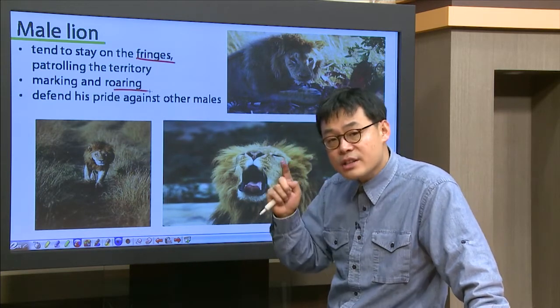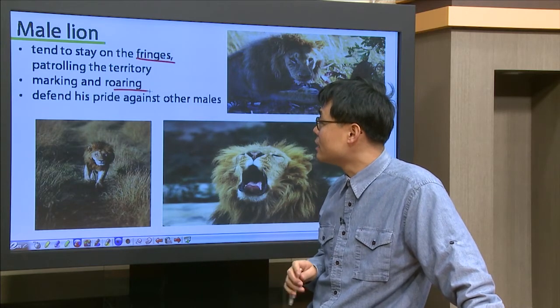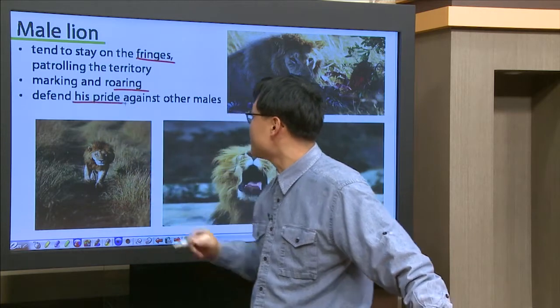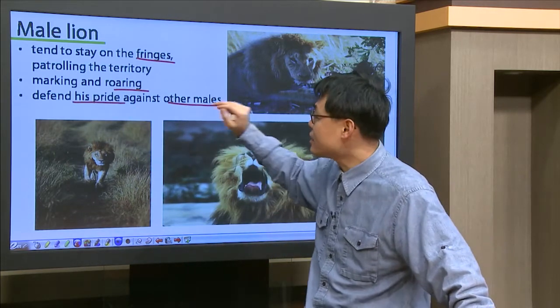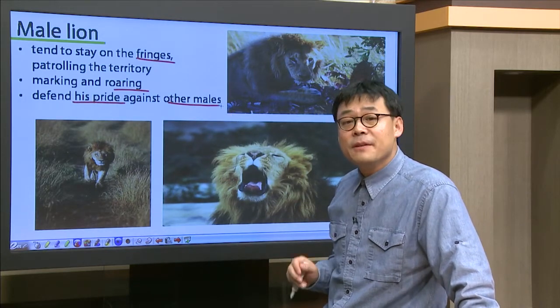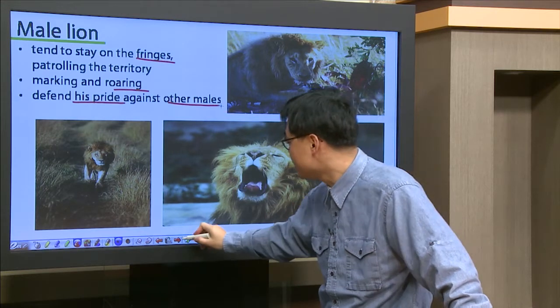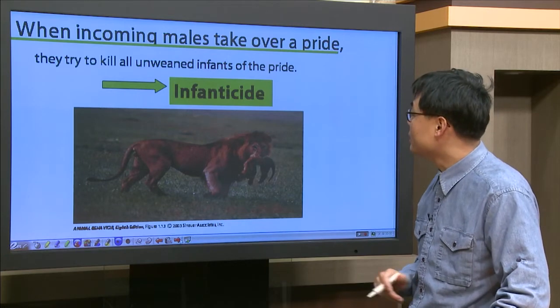the one job that is most important for these male lions is that they defend their pride against other males. That's the most important job for the male lions. If they fail to defend their pride, something horrible happens, and that's called infanticide.